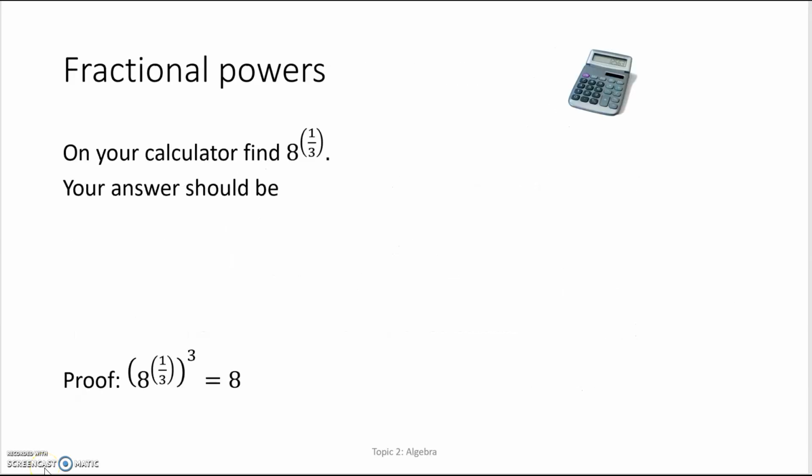Now, just working more on the cube root, on your calculator, find 8 to the power of 1 over 3, and the answer should be 2. Now, we also know from the previous slide that the cube root of 8 was 2.